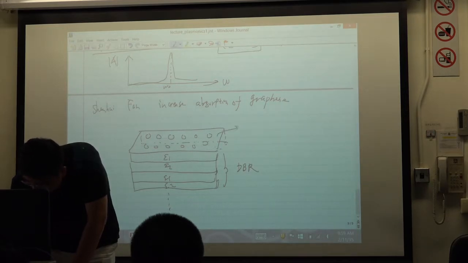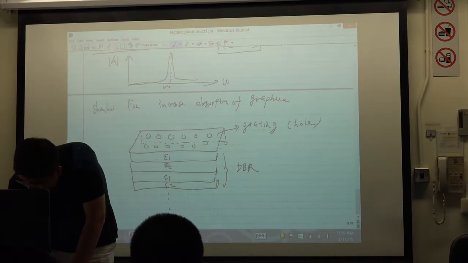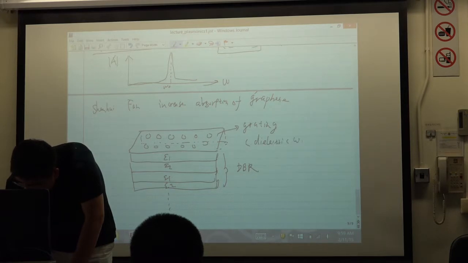This is a grating with holes. It is just silicon, I can't remember exactly. This grating is some dielectric with holes.